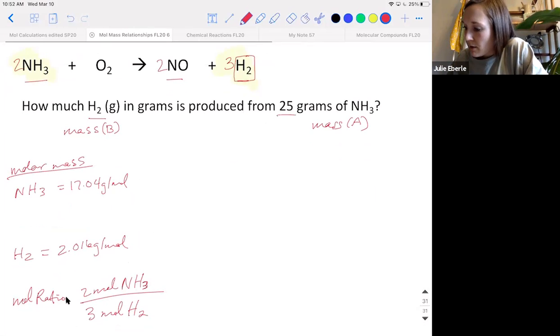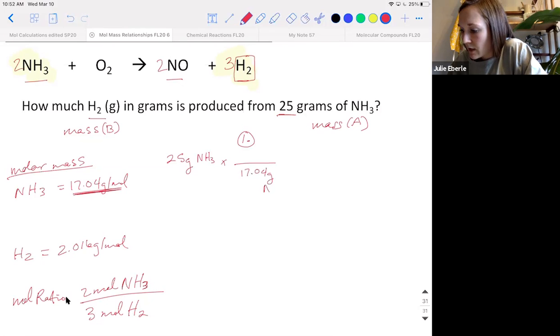So now we're going to start the problem with 25 grams of NH3. Step number 1 is that you always plug in the molar mass of that first substance. So we're going to come over here, 17.04 grams will go on the bottom.